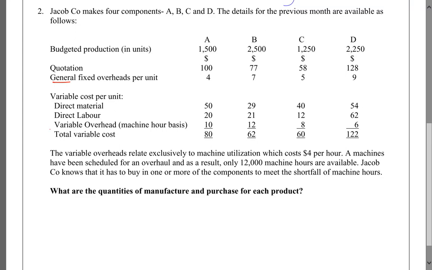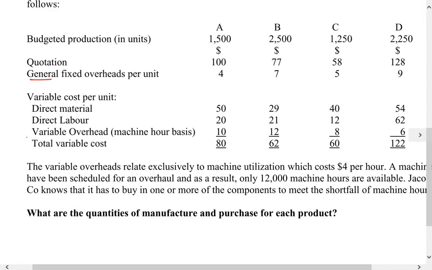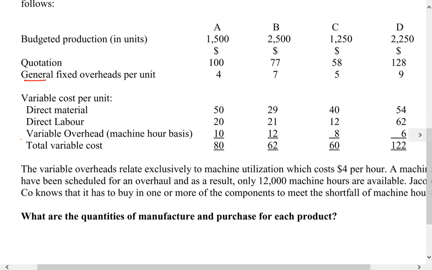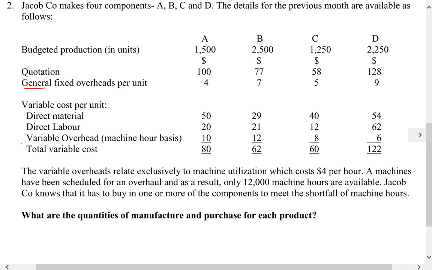Variable overhead relates exclusively to machine utilization, which costs $4 an hour. Machines have been scheduled for an overhaul, like maintenance. As a result, only 12,000 machine hours are available. Jacob knows that he has to buy in one or more of the components.